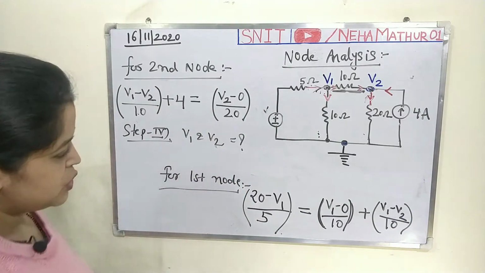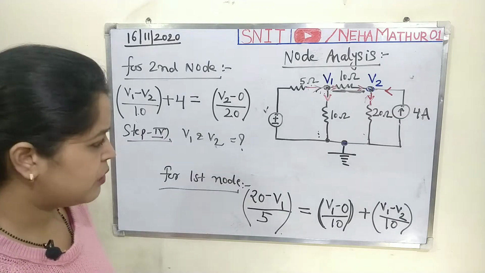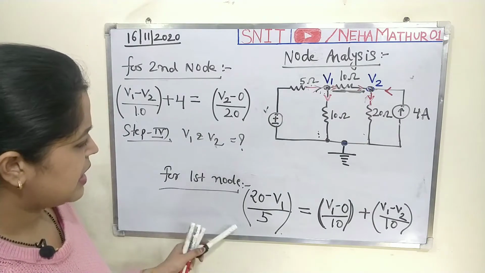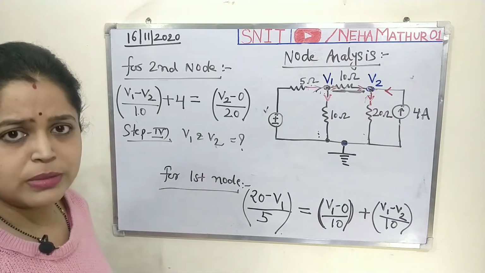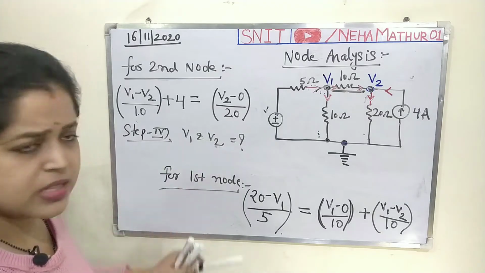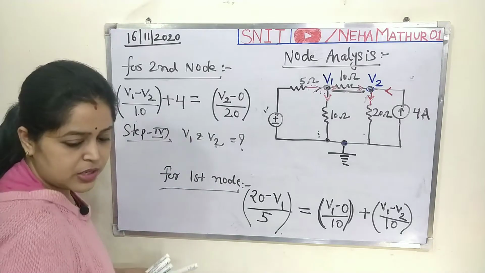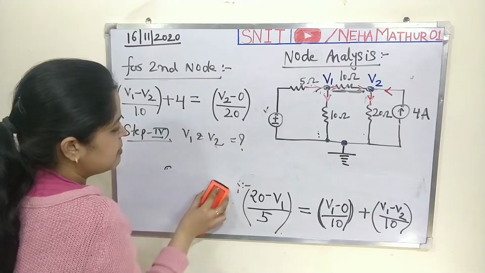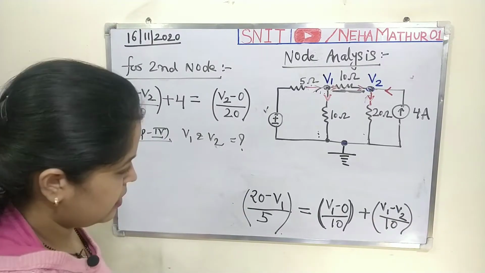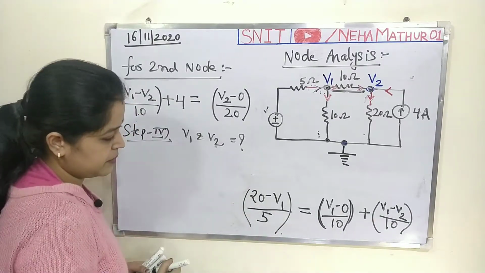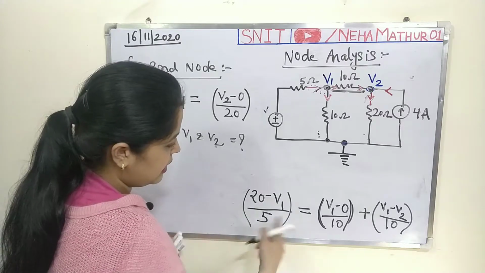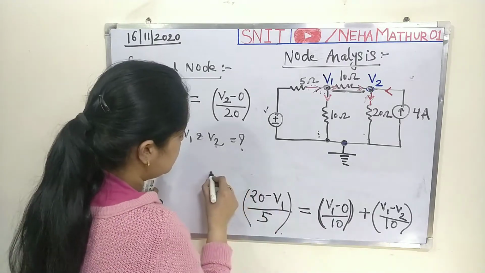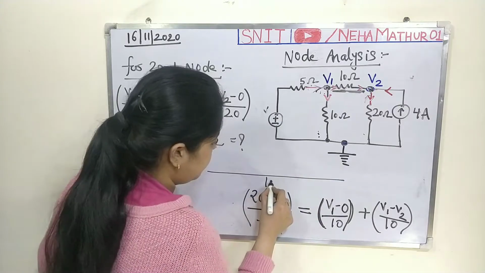Fine. So the first thing I am doing over here is, I just want to solve these equations. So I am writing both the equations in a simple form. What I am doing actually, I am just taking the LCM for this equation, and the LCM of this equation will be 10.